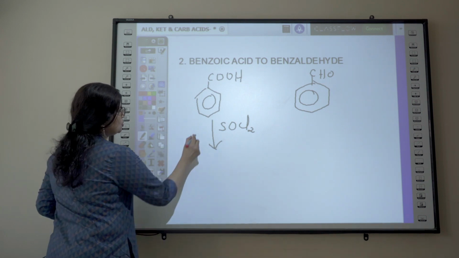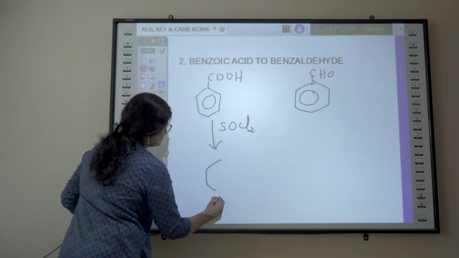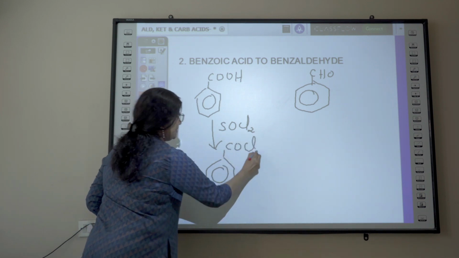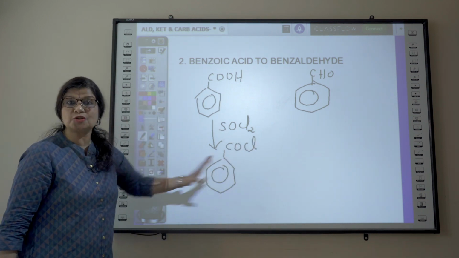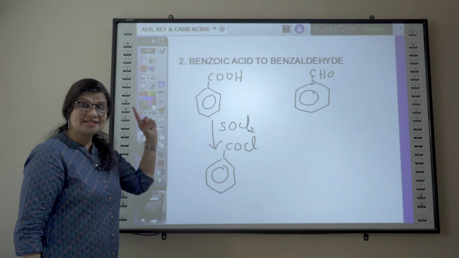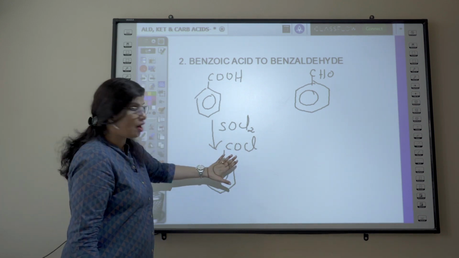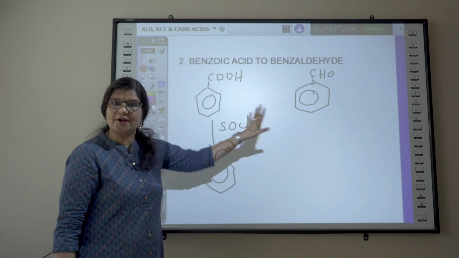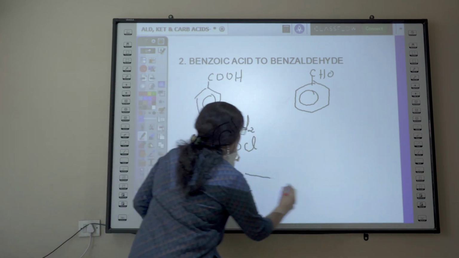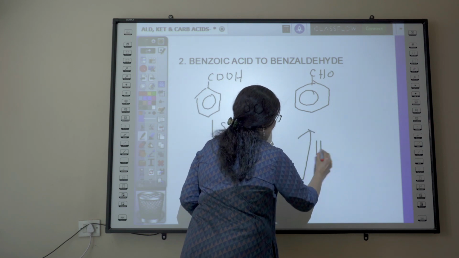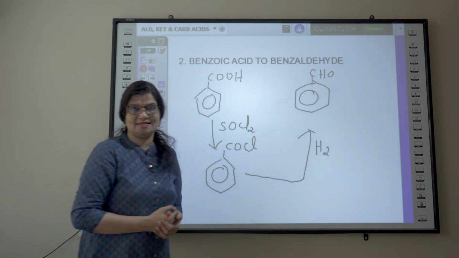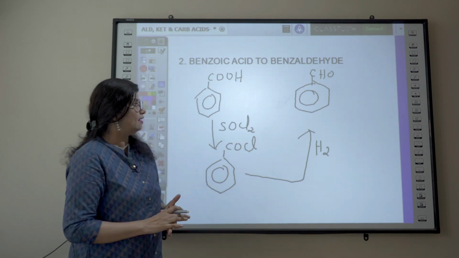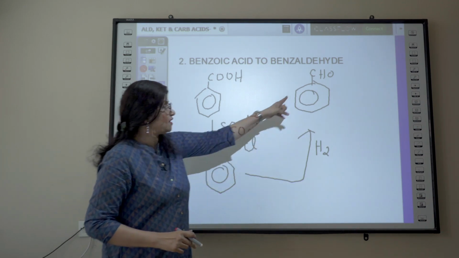This will give you benzoyl chloride. So now we have got benzoyl chloride. Try now to recollect Rosenmund reduction. Benzoyl chloride is subjected to reduction. It is a catalytic hydrogenation, so we have to make use of hydrogen gas in the presence of a catalyst. But if you use a catalyst like palladium or nickel, you will not get the benzaldehyde.